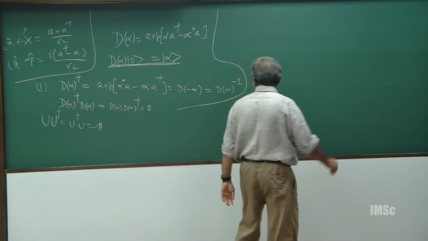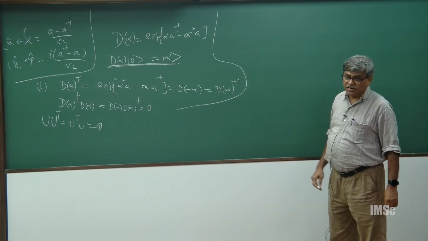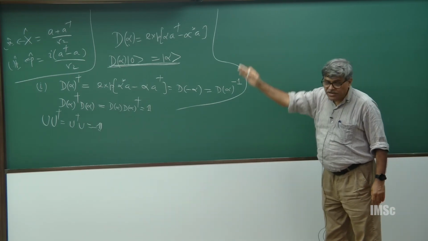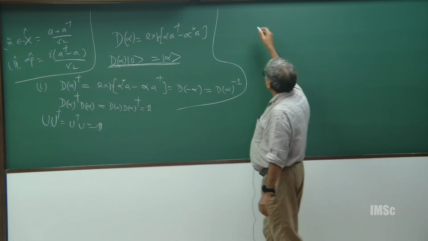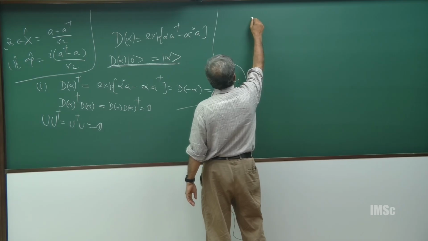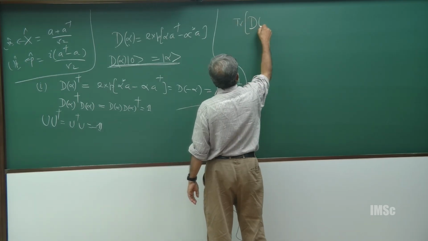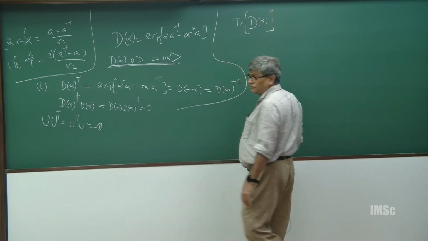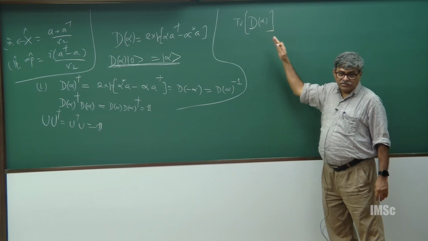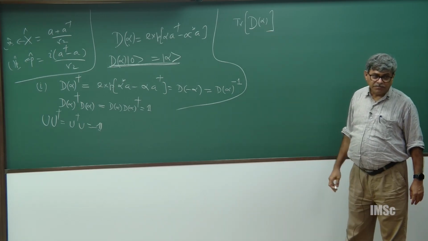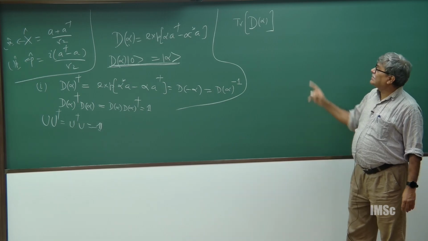So now this displacement operator is a unitary operator in infinite dimension. Now, let us take the trace of D of alpha. This is an infinite dimensional matrix. So how will I get this trace?